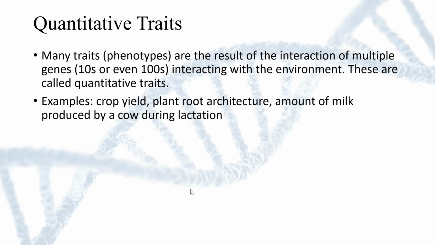But for many traits, it is a combination of all these genes interacting to produce a phenotypic trait. We refer to these as quantitative traits. Some examples are crop yield, plant root architecture, the amount of milk produced by a cow. These are all the result of the interaction of tens or hundreds of genes working together to produce some sort of trait.